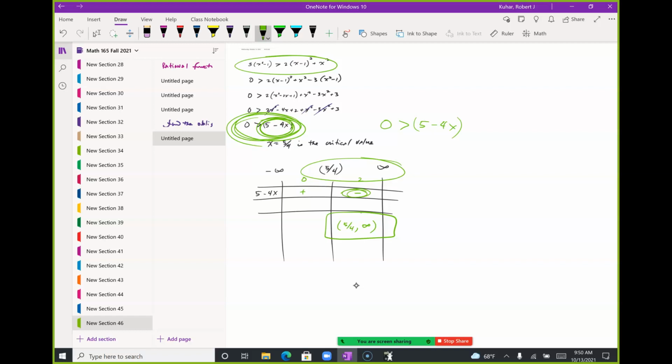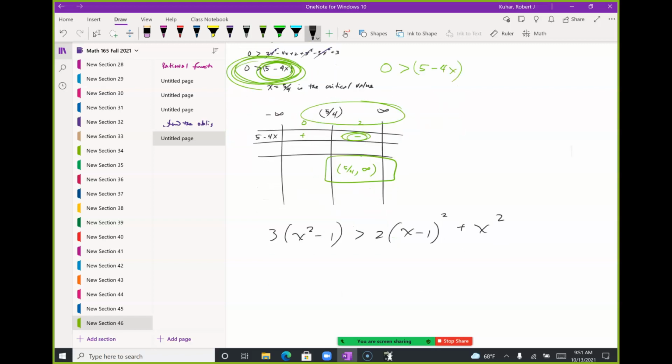What's nice is to test and see if it works, right? So look, I got 3 times x squared minus 1 greater than 2 times (x minus 1) squared plus x squared. And what was my test value? 2. Let's see if it's true. So 3 times (4 minus 1) should be greater than 2 times (2 minus 1) squared plus 2 squared.